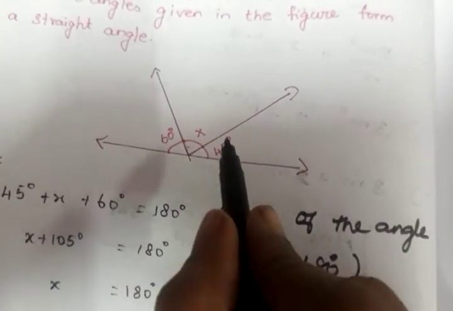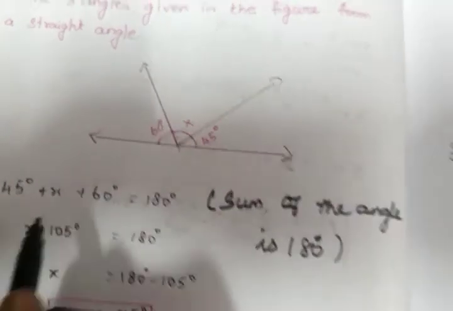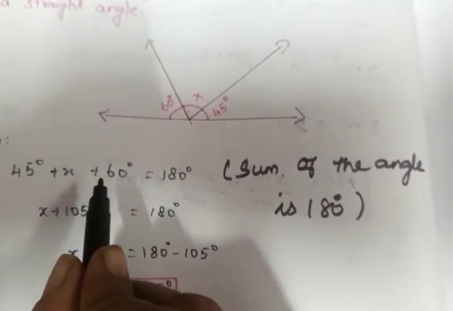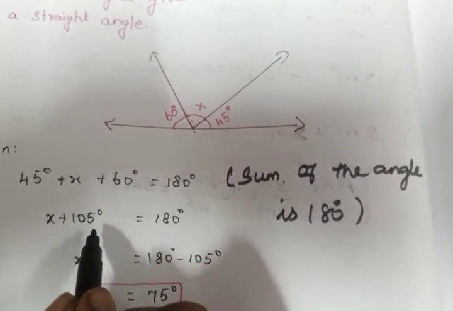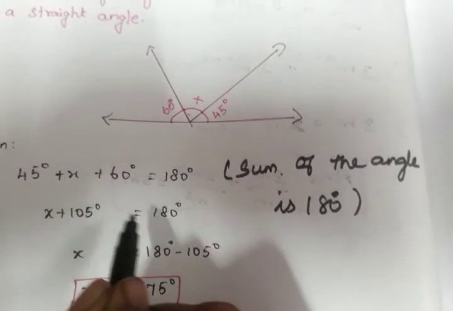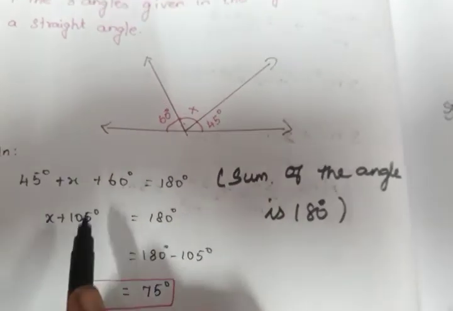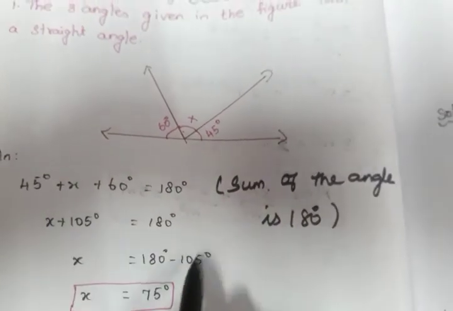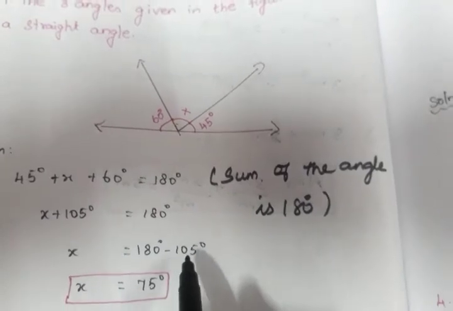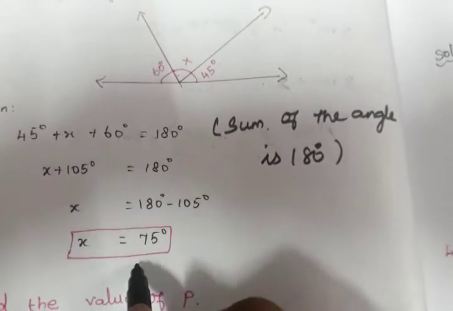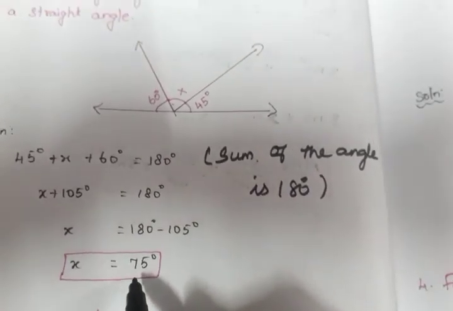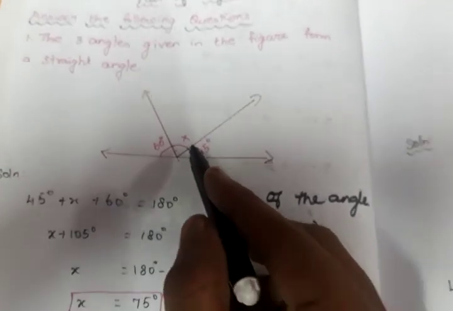So add all the angles: 60 degrees plus x plus 45 degrees equals 180 degrees. 45 plus 60 is 105 degrees, so x plus 105 degrees equals 180 degrees. Plus 105 degrees transposes to minus 105 degrees. So x equals 180 degrees minus 105 degrees, x equals 75 degrees.